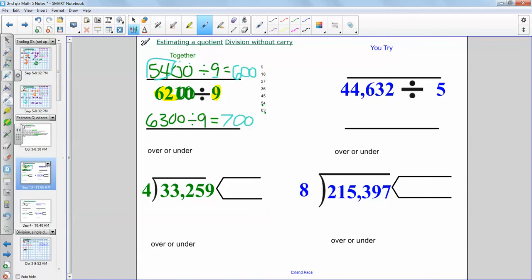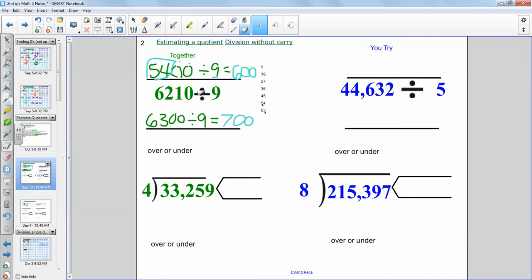So again, we're estimating. Let me erase all this now. So my question is, is 600 or 700 a better estimate for what the answer to 6,210 divided by 9 is? So I want to know, is it a better estimate to round 6,210?